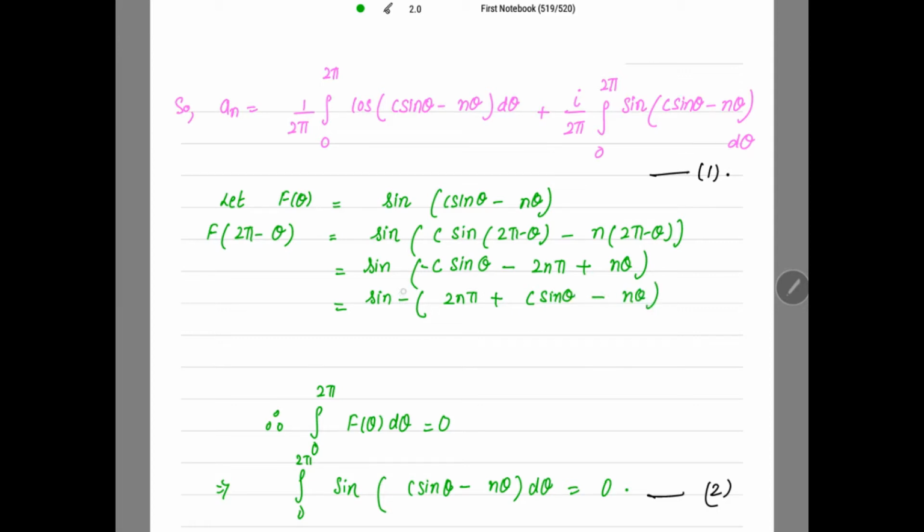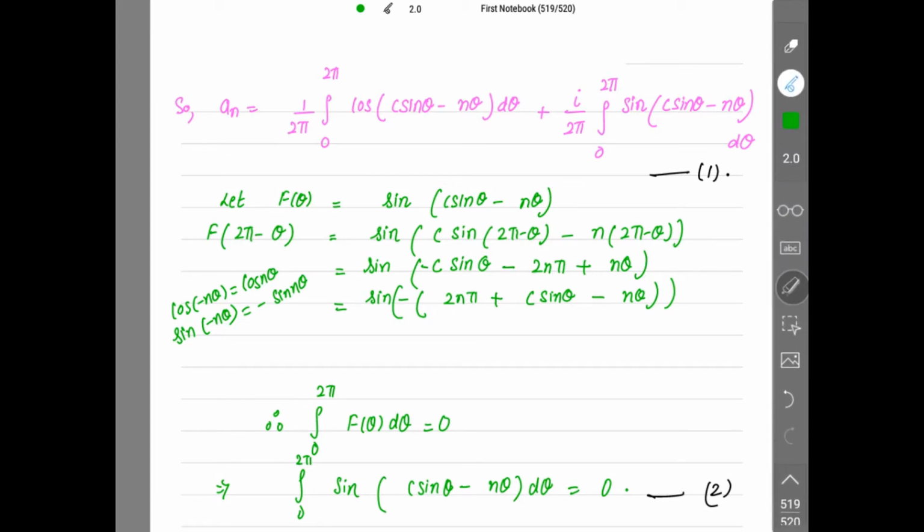Now sine of minus theta is minus sine theta. This you know. See, cos of minus n theta is cos of n theta, and sine of minus n theta is minus sine of n theta. Whether you are having n or not, that doesn't matter. I can write the formula simply.